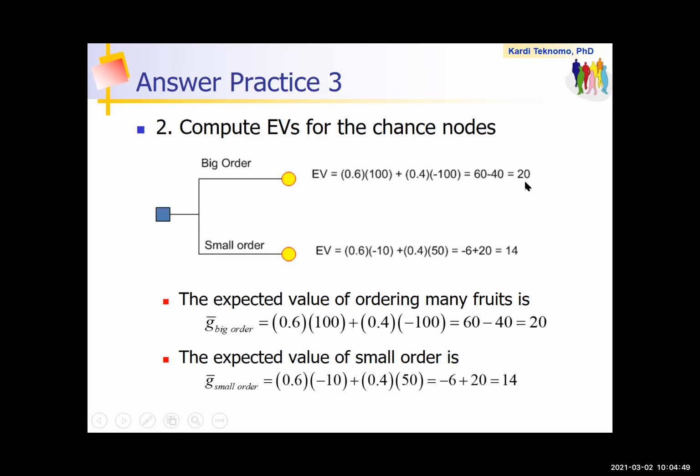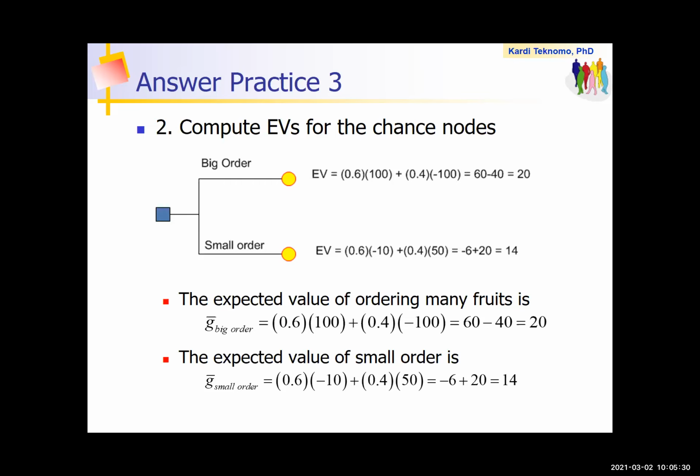So you get 20 here for big order. For the small order chance node, you get 0.6 times minus 10, plus 0.4 times 50. So you get 14. Then the expected value for ordering many fruits is 20, and the expected value for small order is 14.